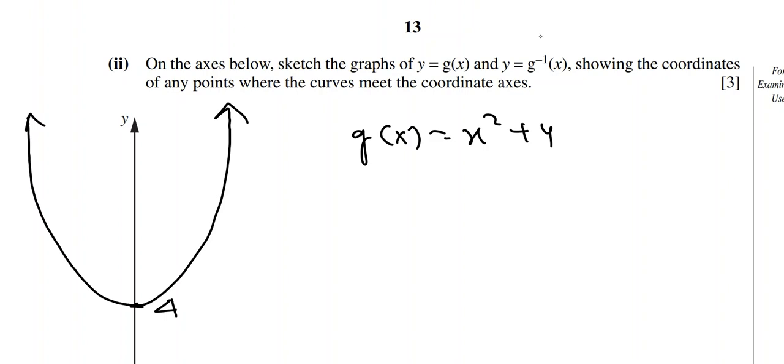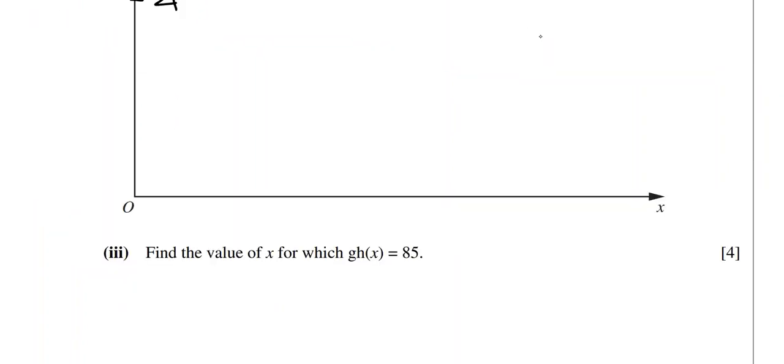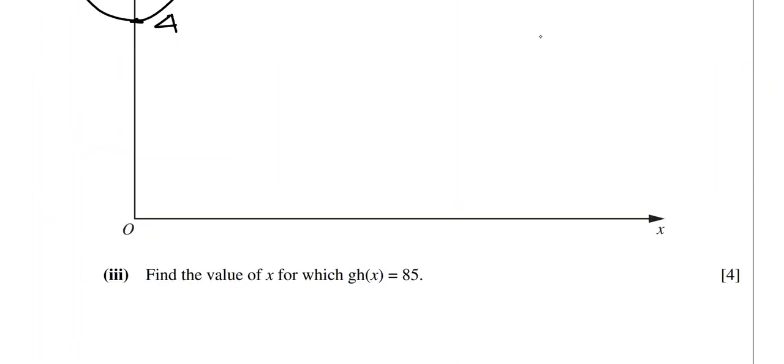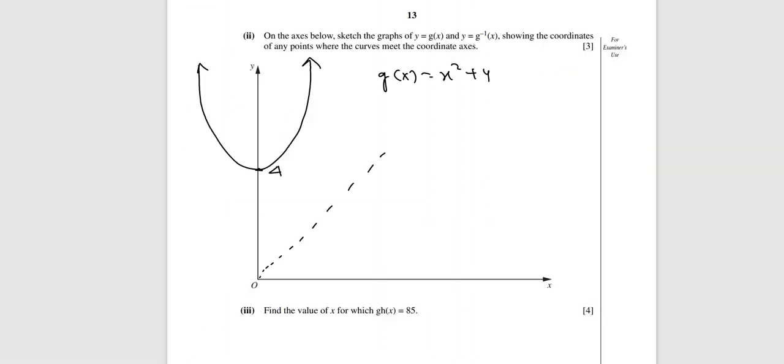Now we want to draw its inverse, and for drawing the inverse we should draw the line y equal to x like this. Now to draw its inverse we will just reflect it over this line. So this was 0, 4 here, so 4, 0 will be the reflection of that point. And this part, because they have not given any negative part and it has to be a function, this will be the reflection of each point of this part.